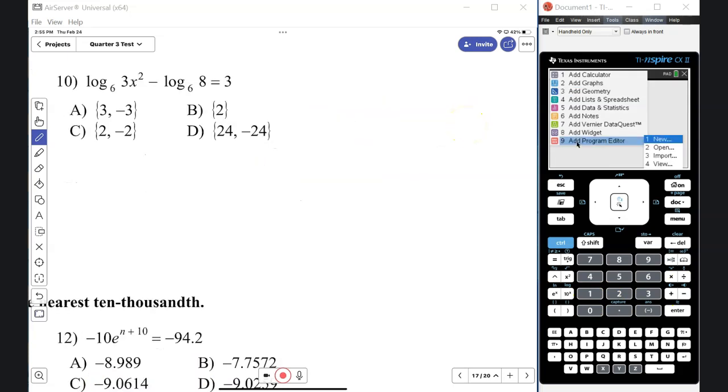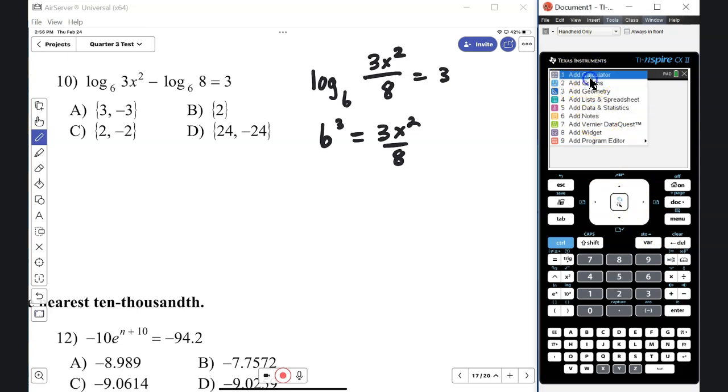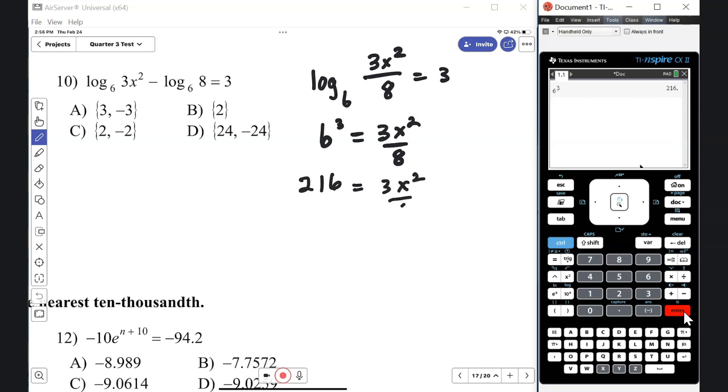Number 10, we have log base 6, and we're going to make it into a single logarithm, so it's 3x squared divided by 8 equals 3. So you have 6 to the power 3 equals 3x squared over 8. So we have 6 to the power 3, which gives you 216. 3x squared over 8, we multiply times 8.